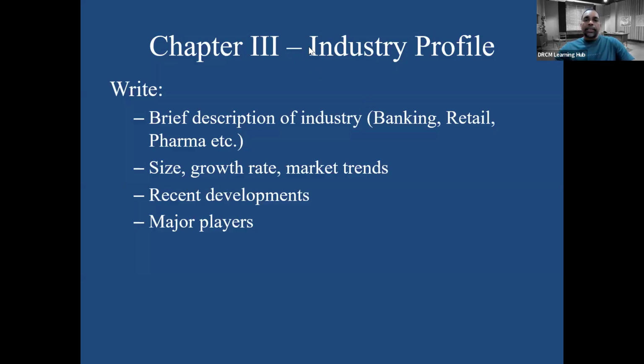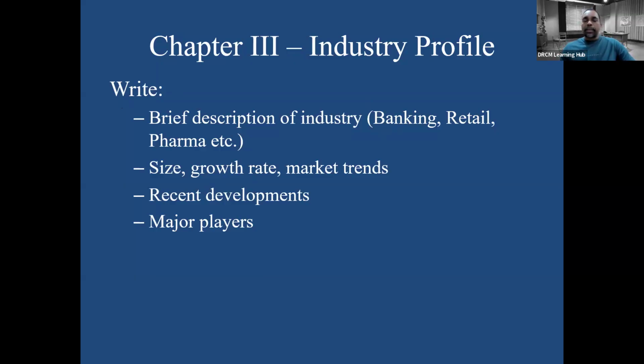Tomorrow you are giving a presentation. Industry profile means just don't dump everything there. You keep these bullet points and explain your own description about the industry, a brief about the industry. Sir, banking industry today is like this. Banking industry size is this much, growth rate is this much, market trend is like this.